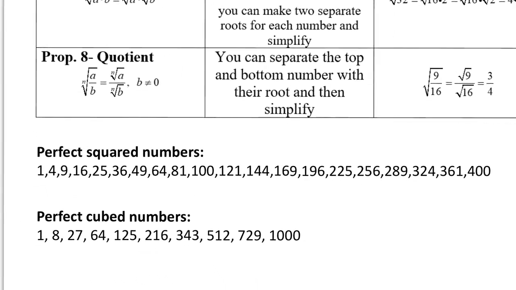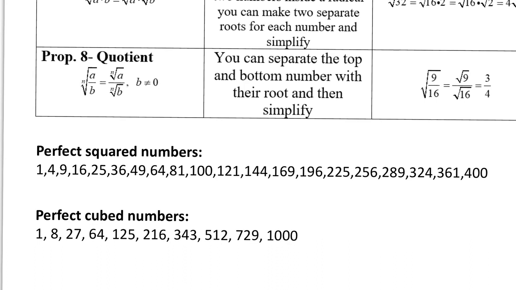Perfect square numbers, you see those on the screen. I haven't talked about perfect cube numbers yet, because that's when you have the cube root. But right now we have perfect square numbers because we are going to have square roots. All of these numbers here are perfect squares because they have a perfect square root. You can find a number squared that will give you each number on this list.